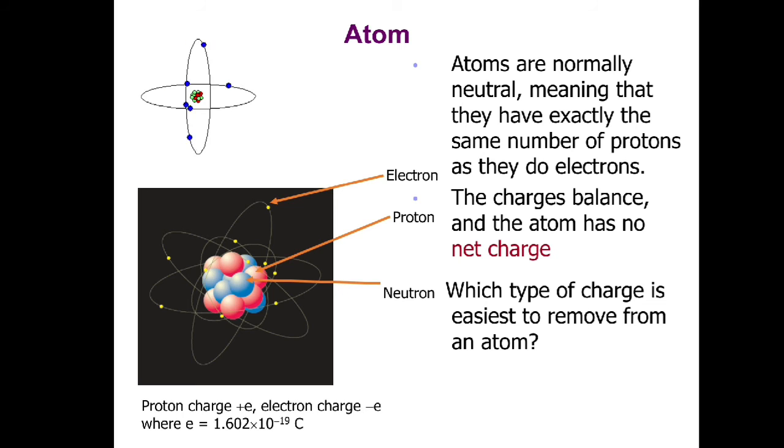Now the question: which type of charge is easy to remove from an atom? The answer is the electron, not the proton, because the proton is in the nucleus, while the electron is rotating around the nucleus in particular orbits, so it can be easily removed.